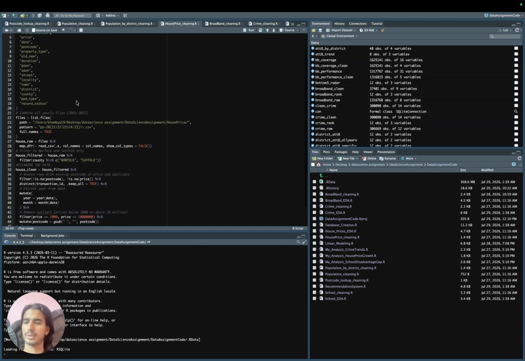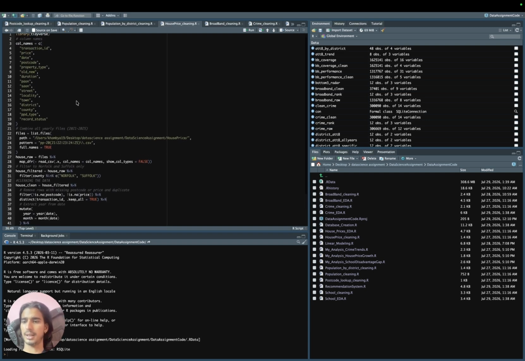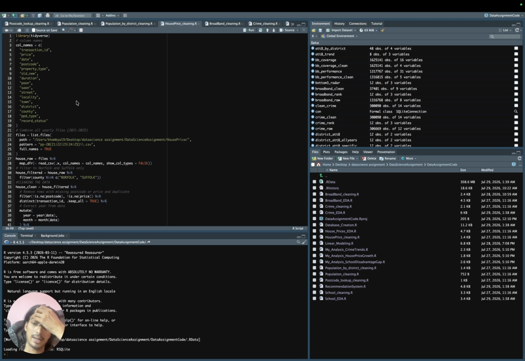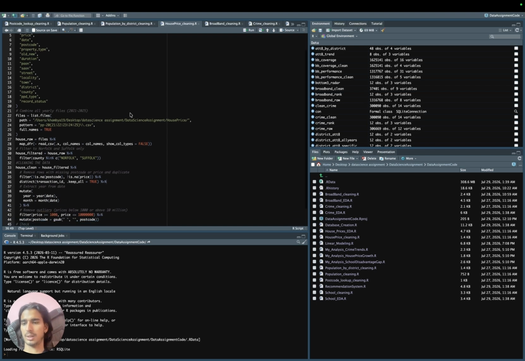And the next part is house price cleaning. I read the land registry files, added proper column names since they don't come with any, filtered down to just two cities, removed duplicates and standardized the postcode so they match the other datasets.